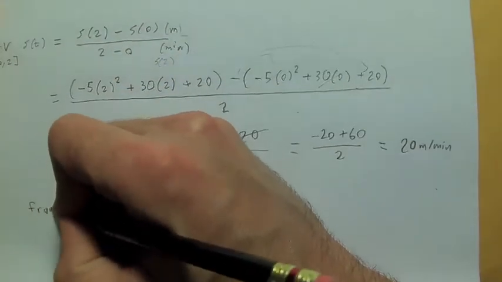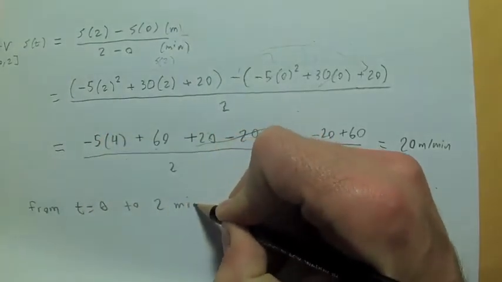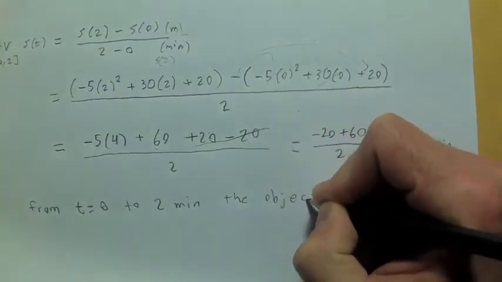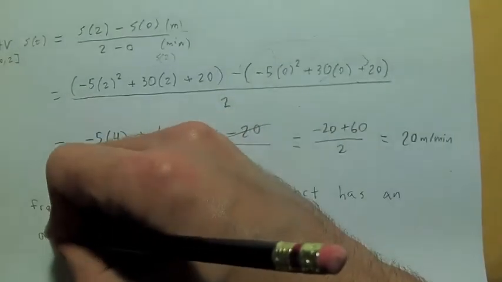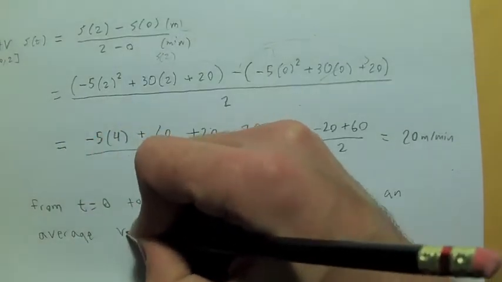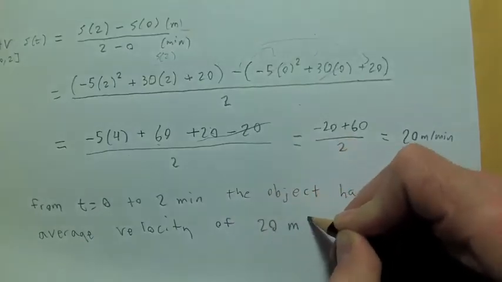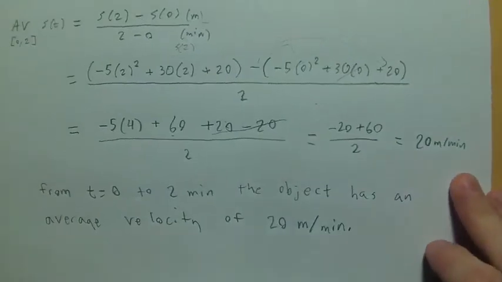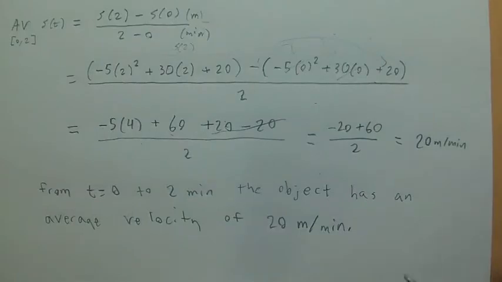So from t equals 0 to 2 minutes, this object has an average velocity of 20 meters per minute. And that's how you can interpret that if you're asked to interpret the problem. In the first 2 minutes, the object has an average velocity of 20 meters per minute.